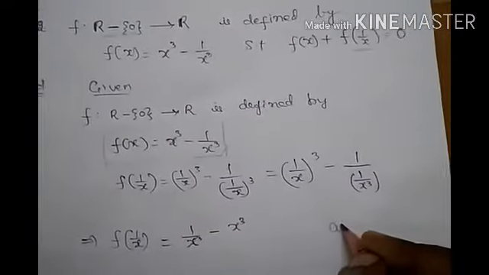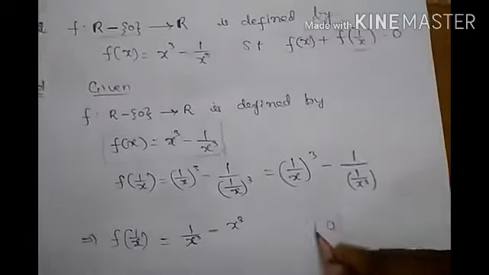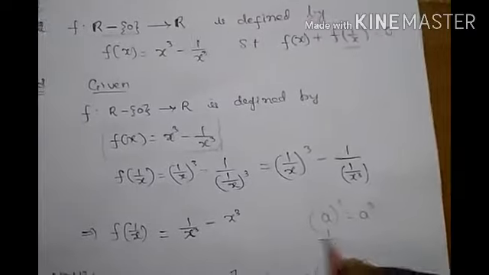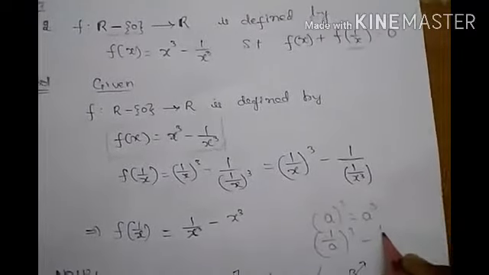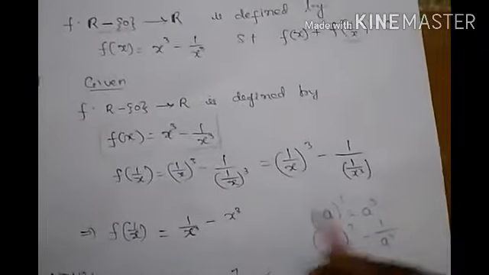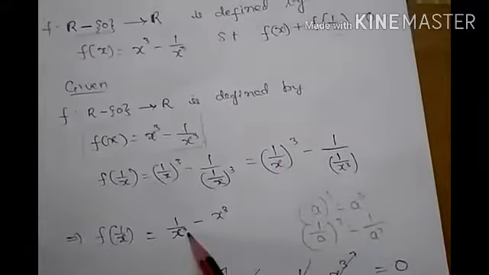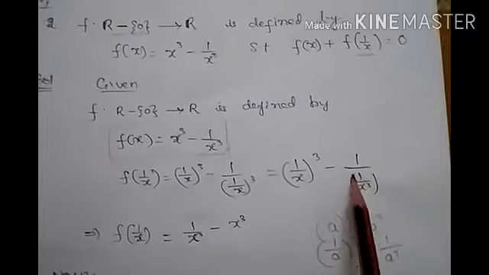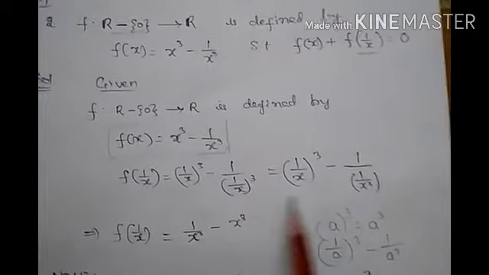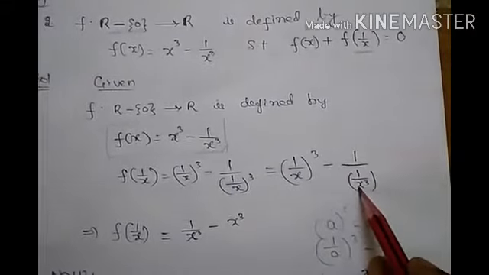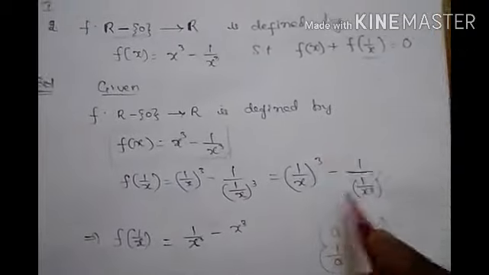You know that a whole cube means you can write a cube. In the same manner, 1 by a whole cube means we can write 1 by a cube. Similarly, here 1 by x whole cube means 1 by x cube, minus 1 by x cube. What is the reciprocal of 1 by x cube? x cube.